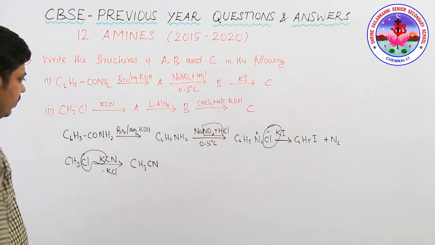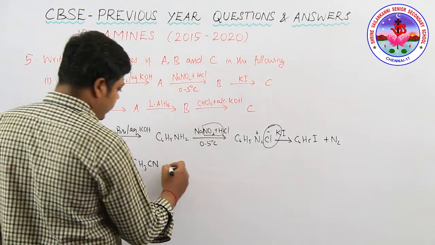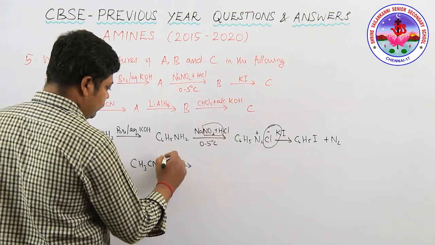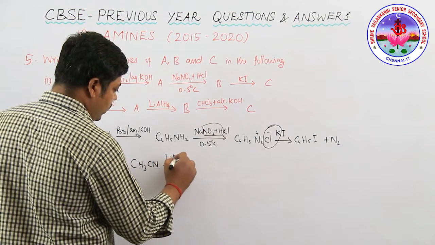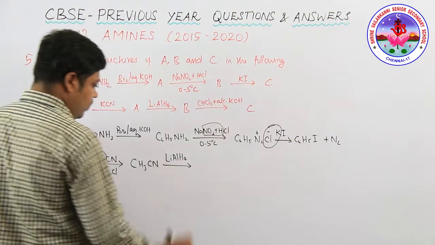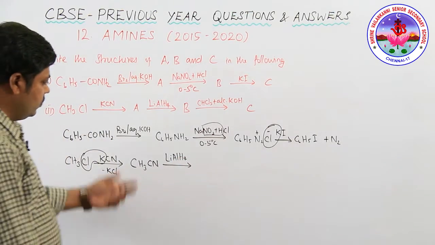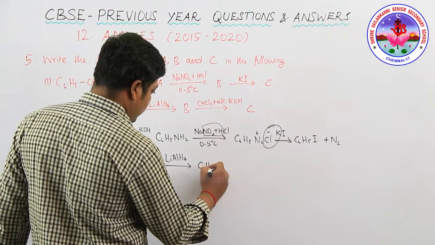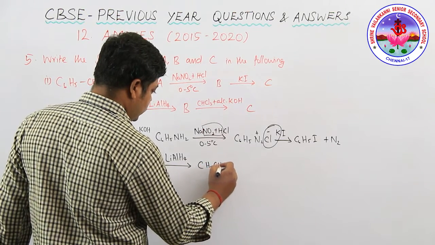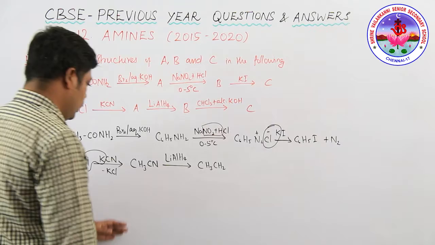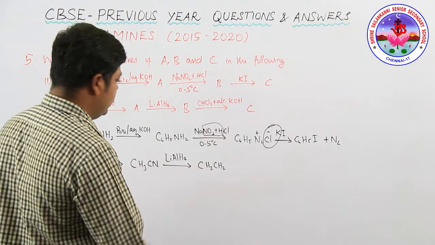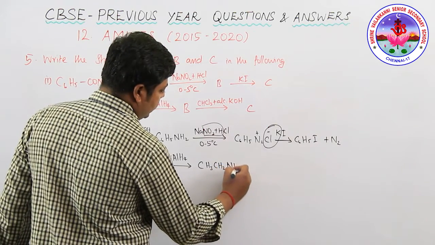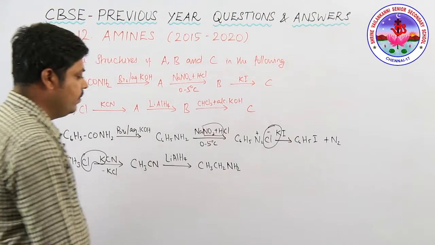This methyl cyanide further reacts with lithium aluminum hydride, so what happens is we get CH3CH2NH2, ethanamine.